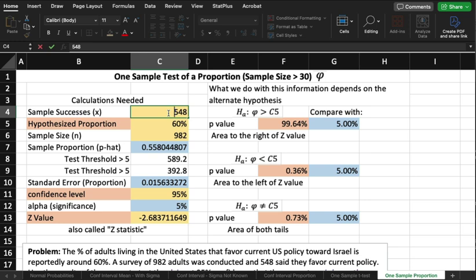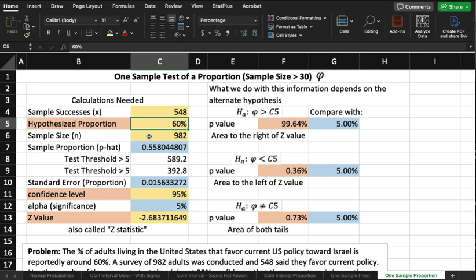So how many favorable responses did we get? 548. That's your X. Go down to row 5, and that's our hypothesized proportion. So in cell C5, that's our 60%.